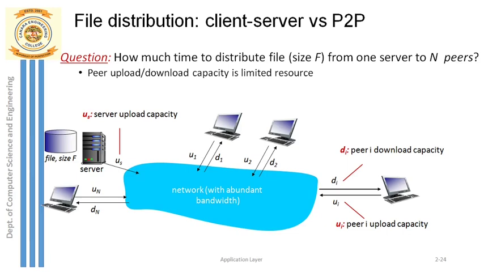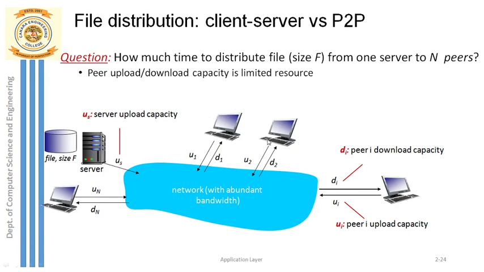Suppose for every 1 second our server is able to send 100 MB of data. Then the server's upload rate becomes 100 MB per second. For every 1 second, only 100 MB of data it will be able to upload. So 100 MB per second is the uploading rate of the server.